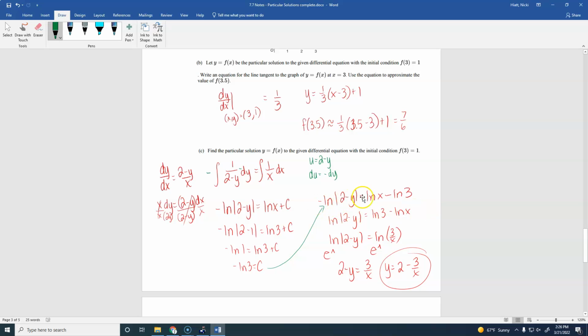And so I divided everything by -1 to get rid of that negative right there, which changes your signs over here. So it's natural log of 3 minus natural log of x. And then I also used a property of logs here. Natural log of 3 minus natural log of x is going to be natural log of 3 over x, like that.